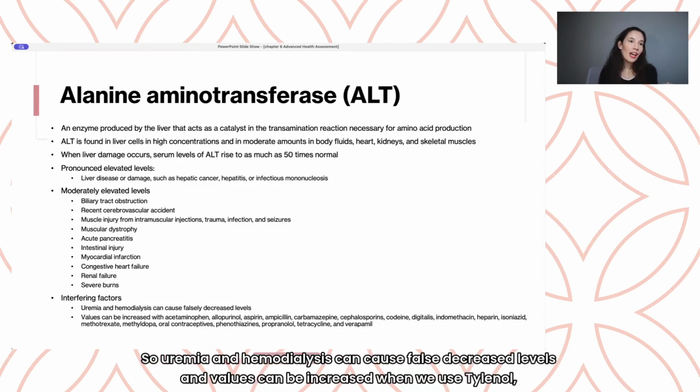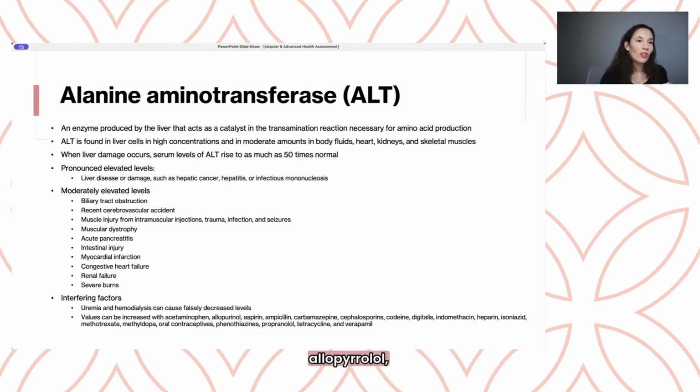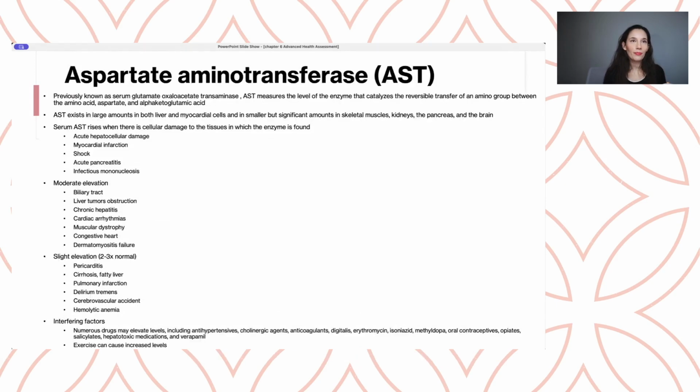So uremia and hemodialysis can cause false decreased levels, and values can be increased when we use Tylenol, allopurinol, aspirin, ampicillin, carbamazepine, et cetera, et cetera. All these different drugs can make it increase.